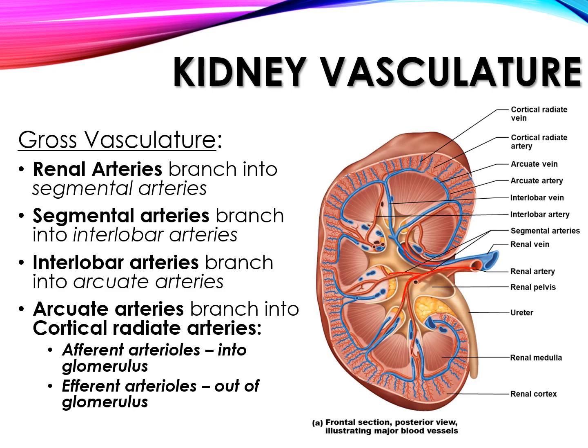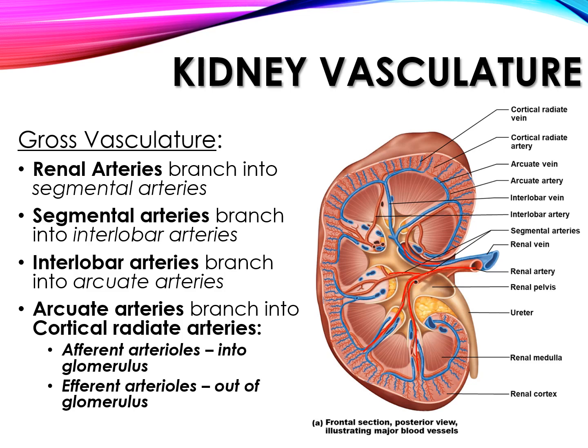And if you notice, it comes up and in between two of those renal pyramids that are making up that renal medulla. That is called an interlobar artery. These pyramids are also referred to as lobules, so interlobar is going to be in between the lobules.